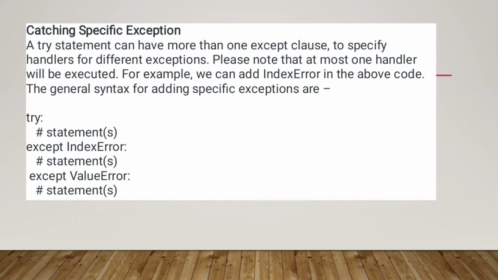And next, catching specific exceptions. A try statement can have more than one except clause to specify handlers for different exceptions. Please note that at most one handler will be executed. For example, we can add IndexError in the above code.